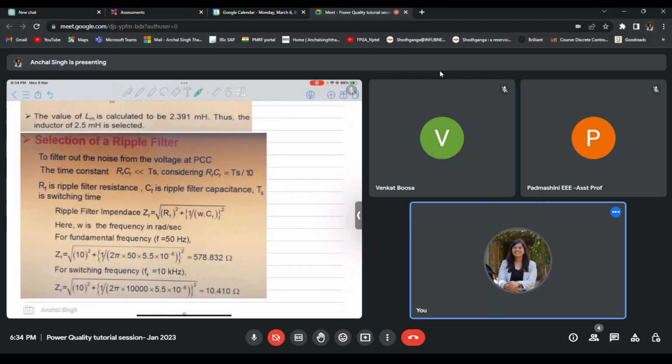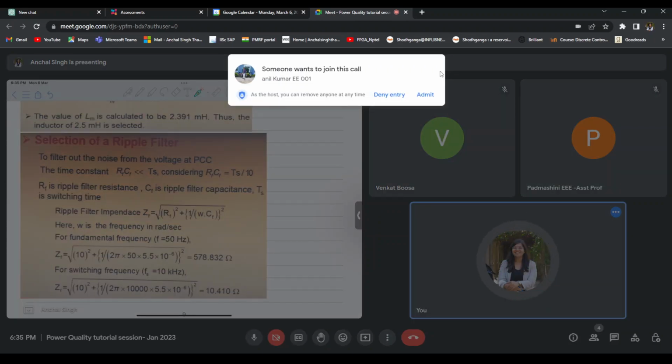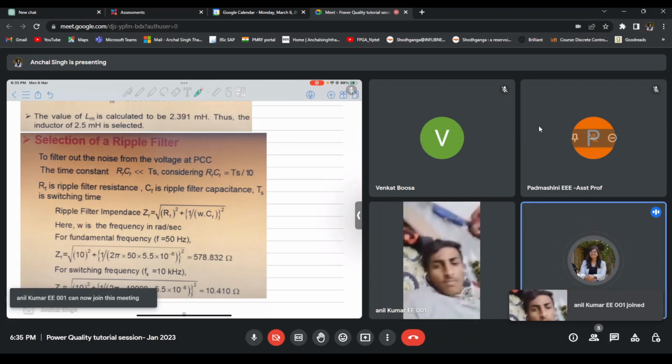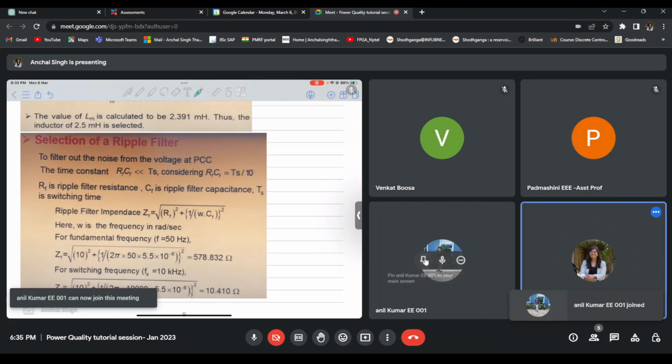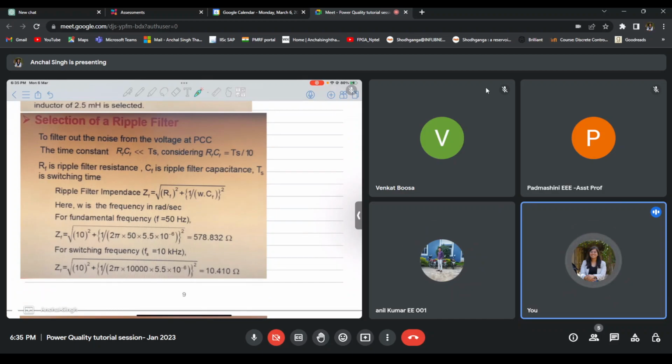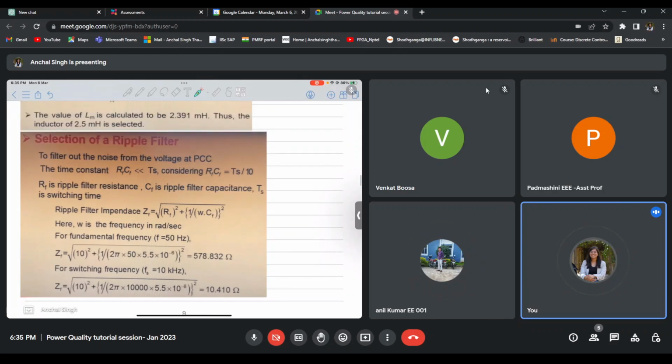That means whatever is my switching frequency, I am considering to filter the voltages 10 times more than that. So if you look at filtering of those voltages, then you can see that for fundamental frequency component, we need to design this.